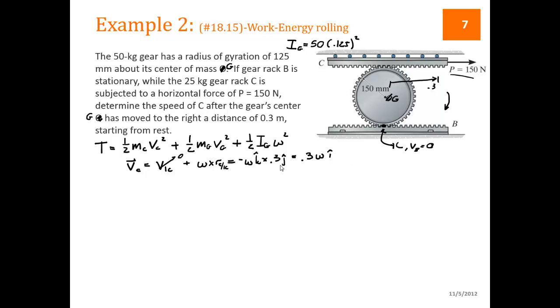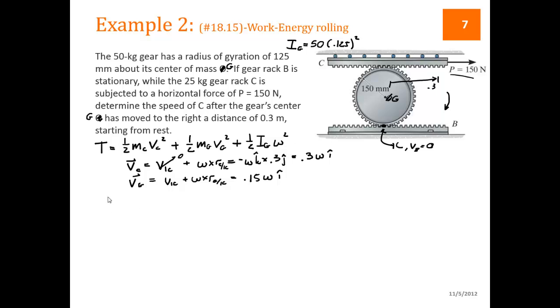We do the same thing with V of the center, G. We get VIC plus omega crossed with RG/IC is equal to, all the directions are still the same, so we'd get 0.15 omega in the I hat direction. The directions now don't matter because these are magnitudes up here.